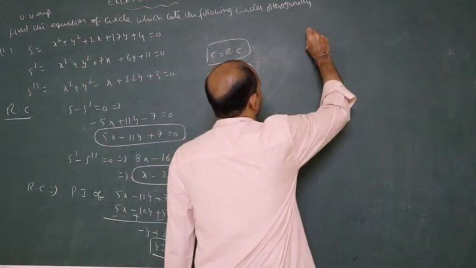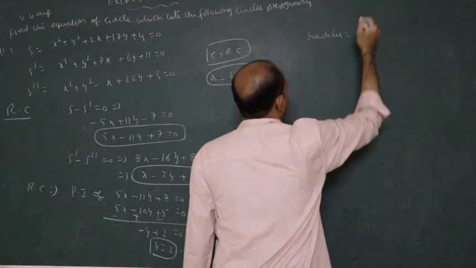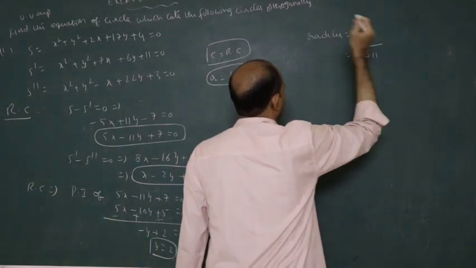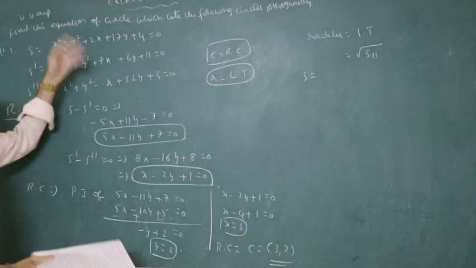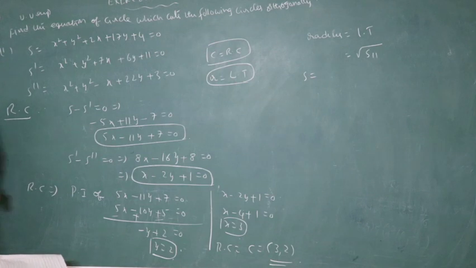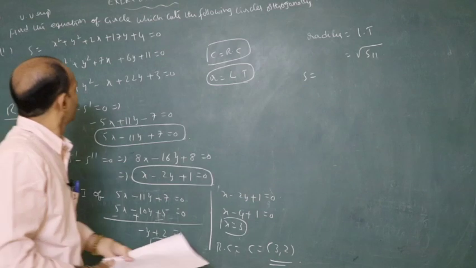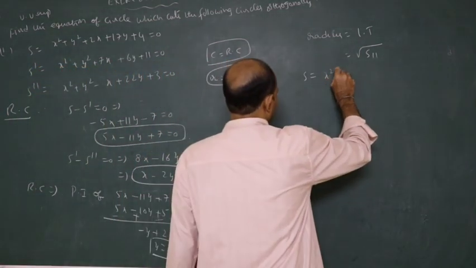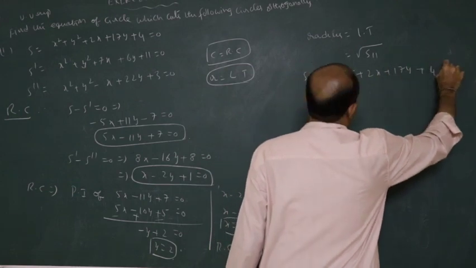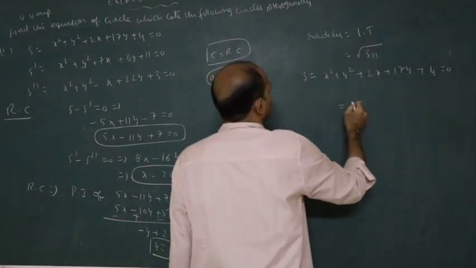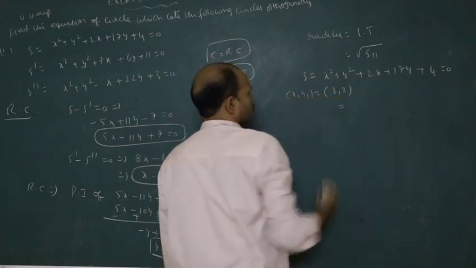Now, radius is equal to the length of tangent, root S11. While taking the length of tangent, you can use either of the circles, no problem. Any circle we can use. I am taking the first circle. What is the first circle? X square plus y square plus 2x plus 17y plus 4 is equal to 0. This root S11, with point x1, y1 being 3 comma 2.